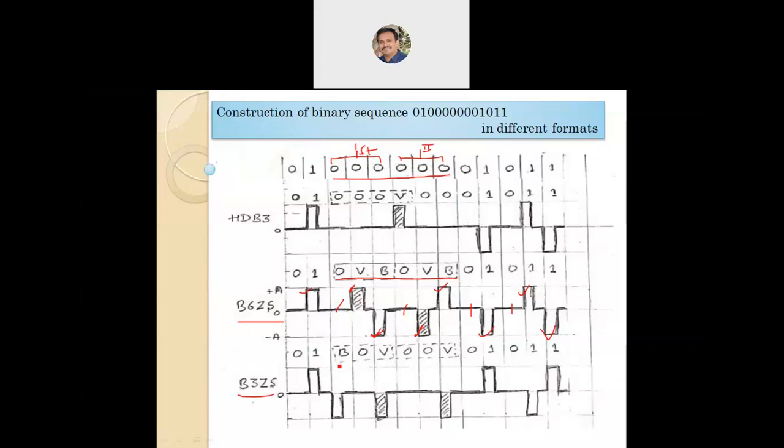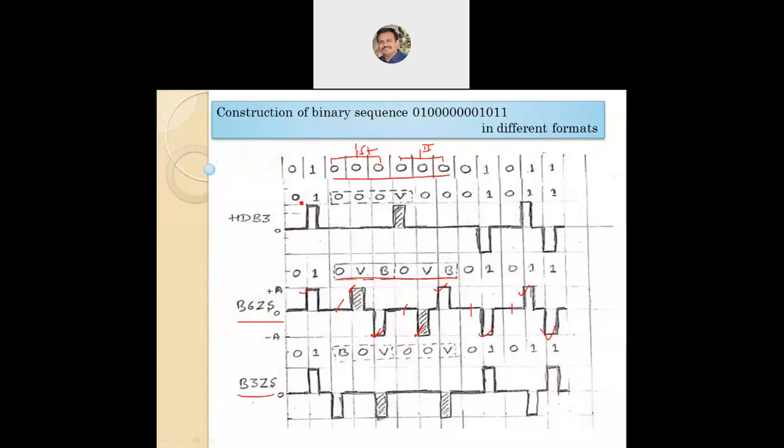Now in B3ZS we may choose B0V or 00V combinations. So based on the condition, the B bit must be odd, where V must be even in the group.